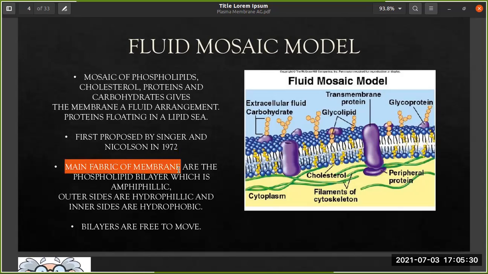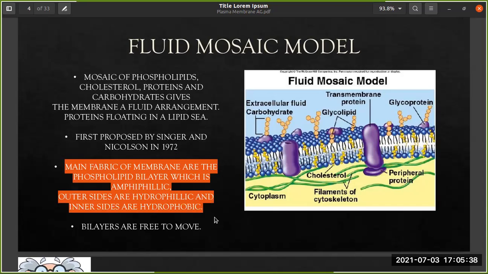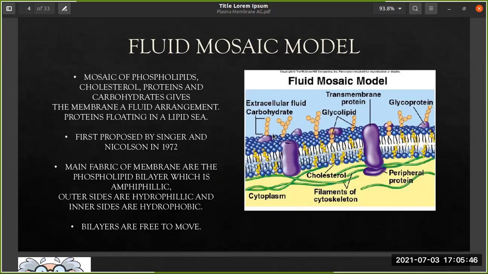What is the main fabric of the membrane? This is the phospholipid bilayer, which is amphiphilic. Amphiphilic means the outer side is hydrophilic and the inner side is hydrophobic.